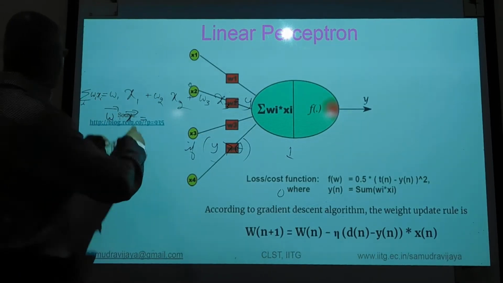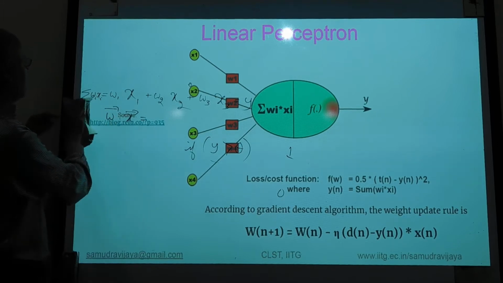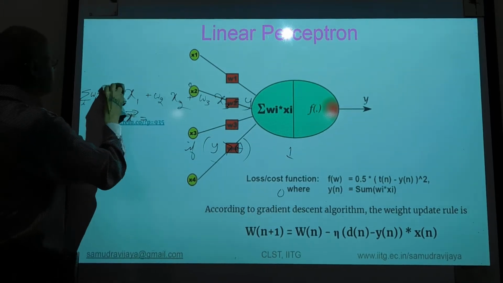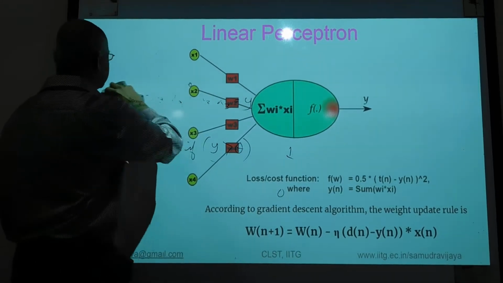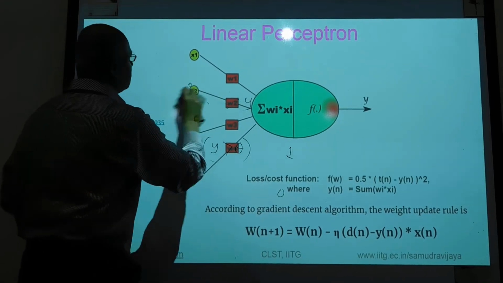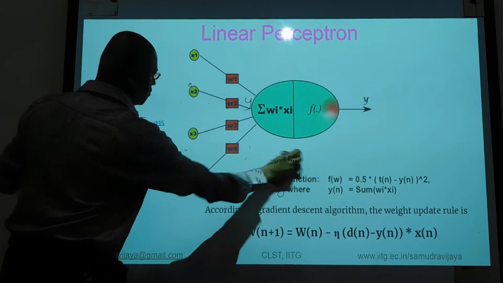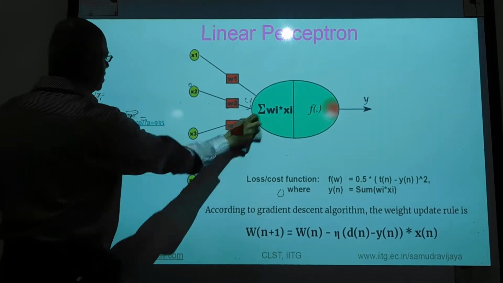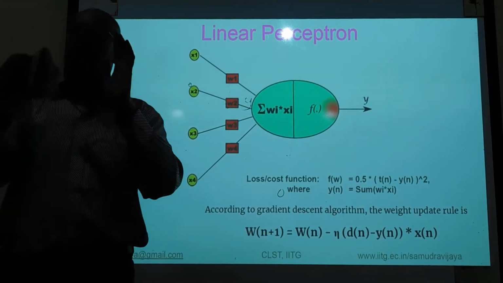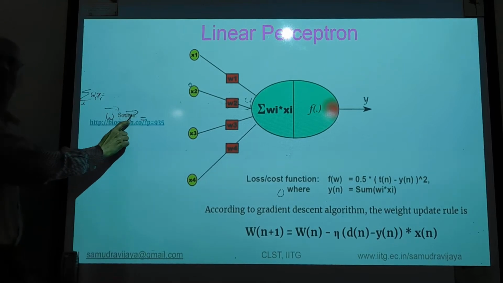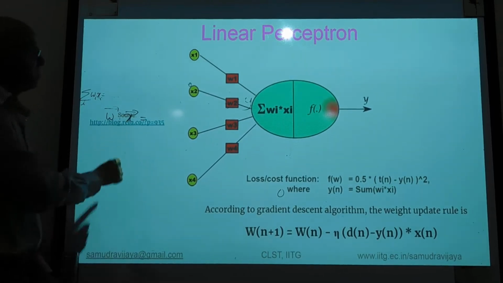So this idea, whatever I wrote here as summation wixi, is shown here schematically in this graph. In this particular graph, there are four features, x1, x2, x3, x4. Collectively, we call them a feature vector x.